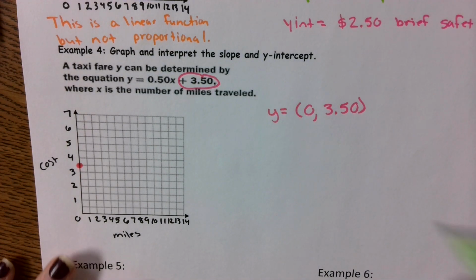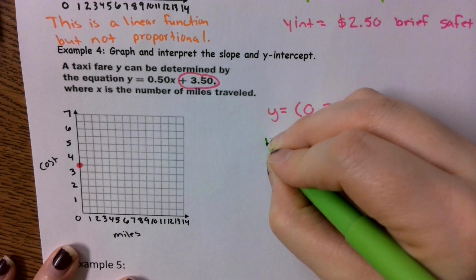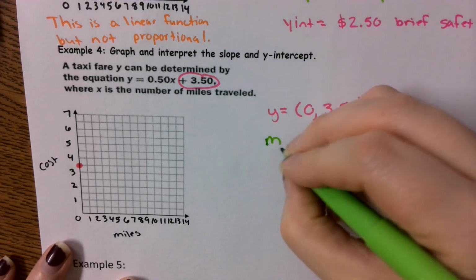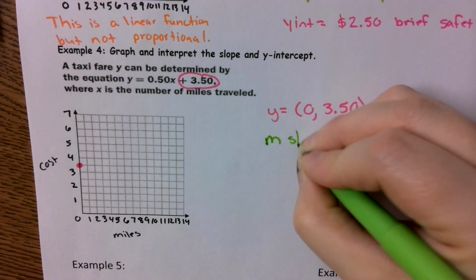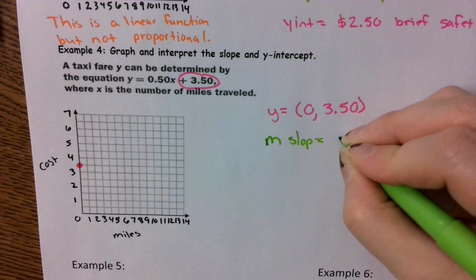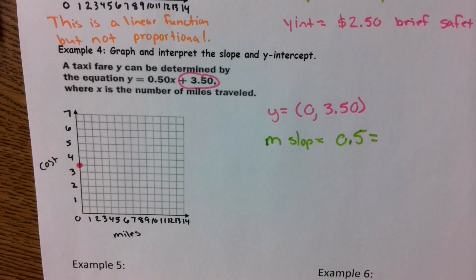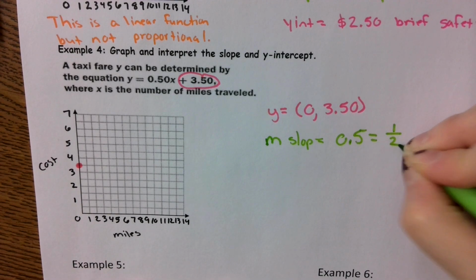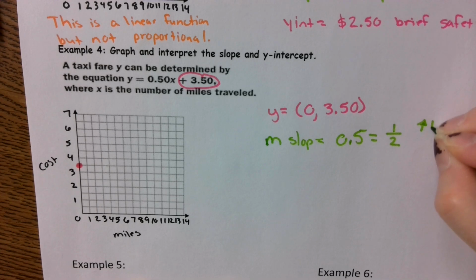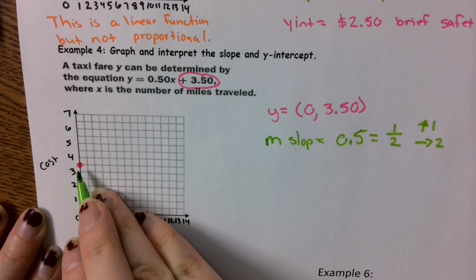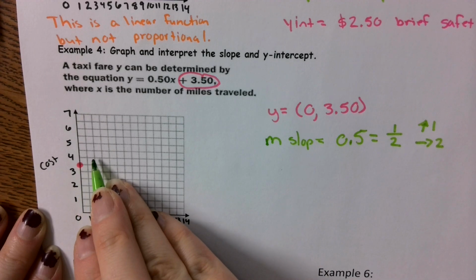Then we're going to use our slope. Our slope is equal to 0.5, which if you were to write that as a fraction, that is 1 over 2, which means we are going to go up 1 and then to the right 2. So we could go up 1 unit to the right 2 units.